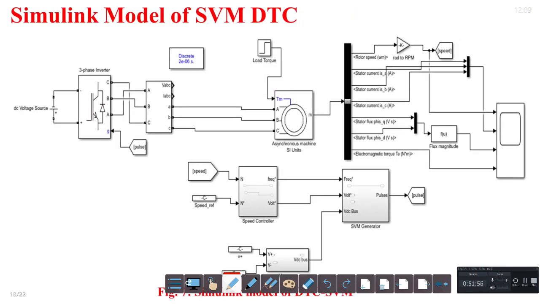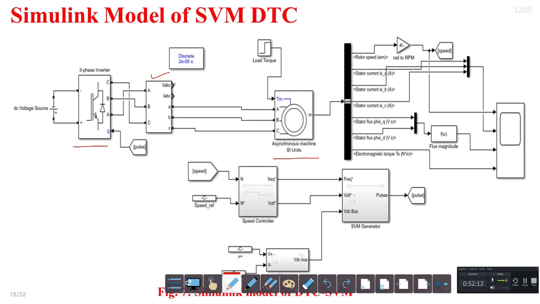So, this is the Simulink model of space vector modulation DTC. First we have a 3-phase inverter feeding the 3-phase induction motor. This part is the measurement block.